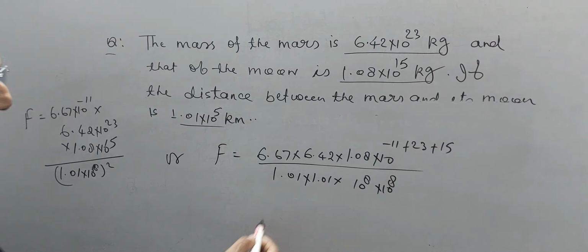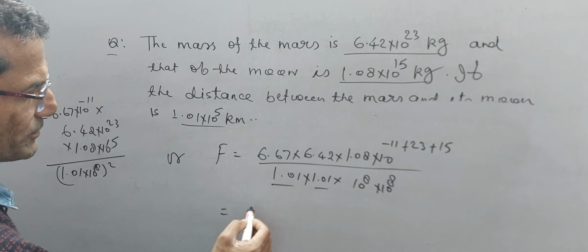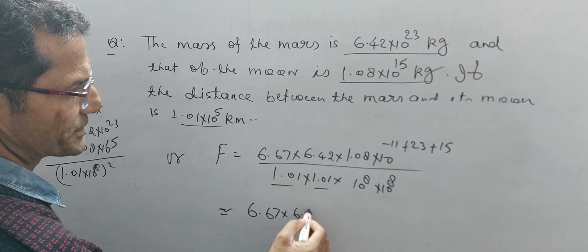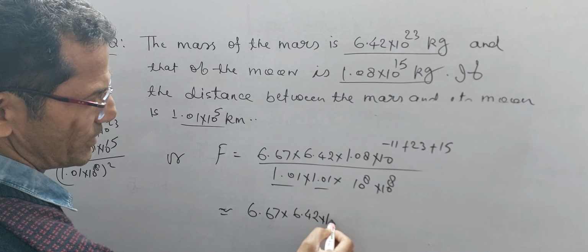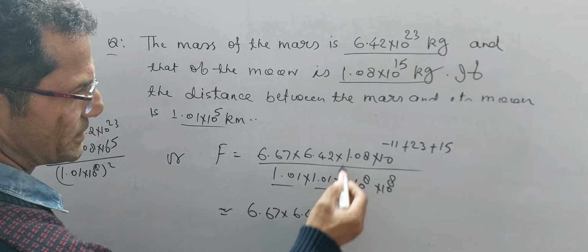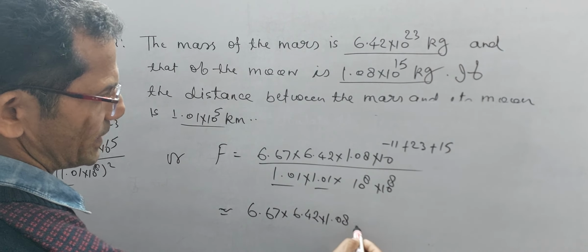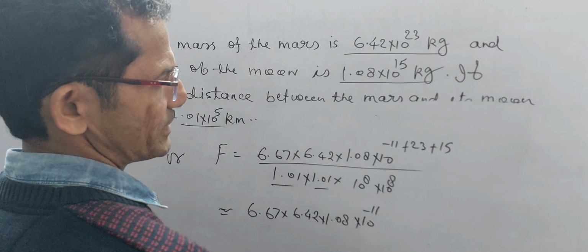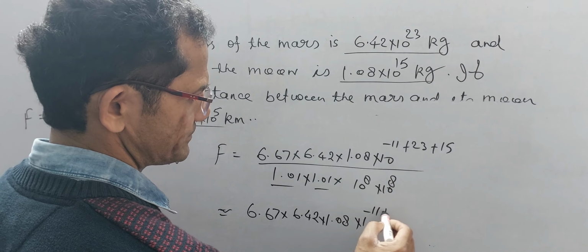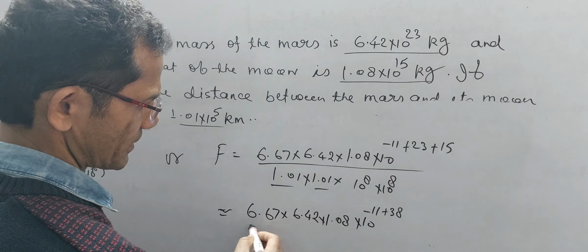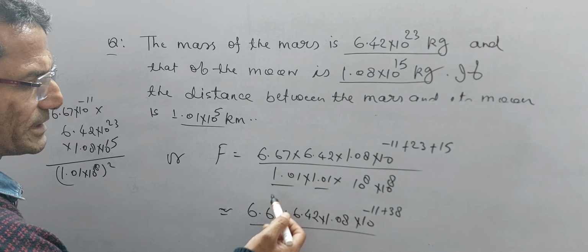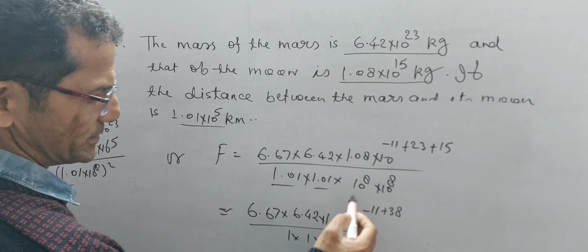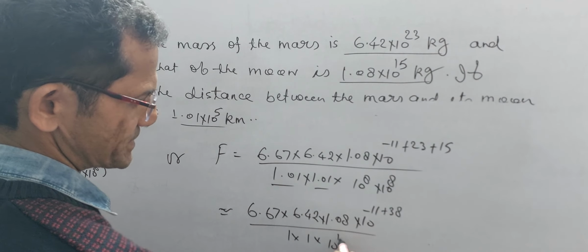Approximating, 23 plus 15 will be 38, 1.01 is approximately 1, and 8 plus 8 will be 16.